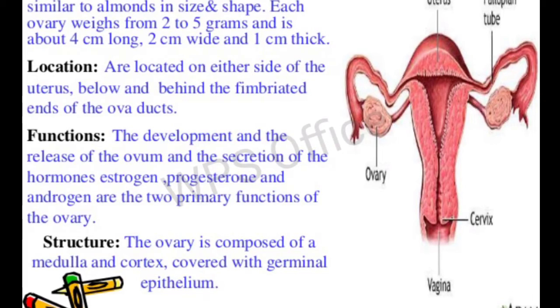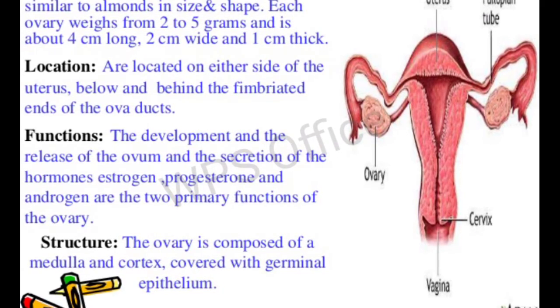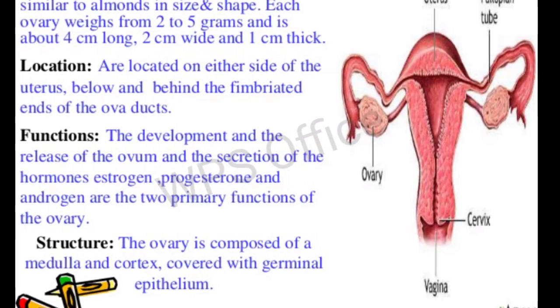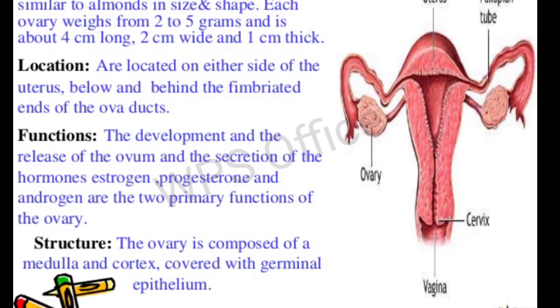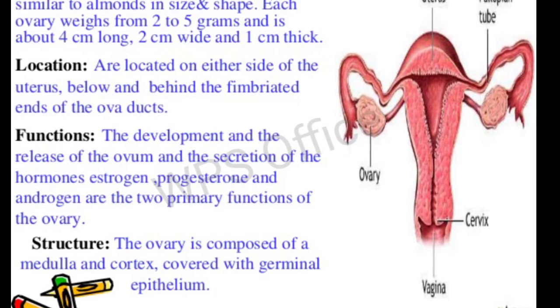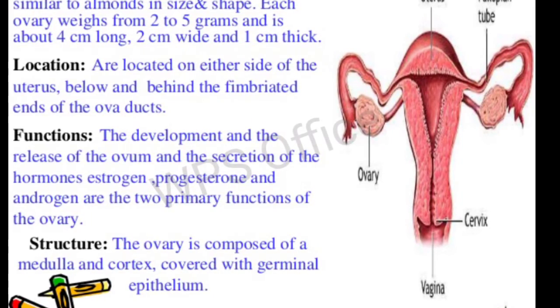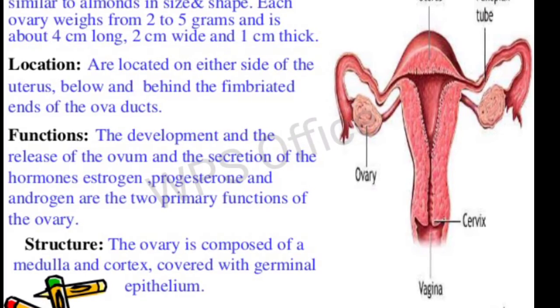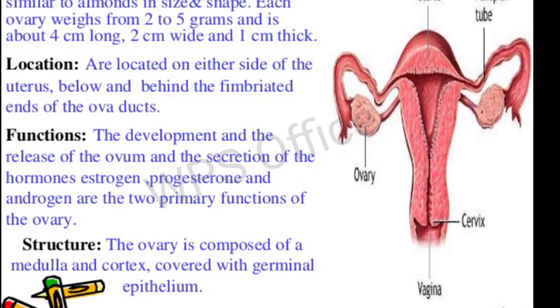They are connected with the ovary on both sides. Then the functions of the ovary are the development and release of the ovum and secretion of the hormones estrogen, progesterone and androgen.